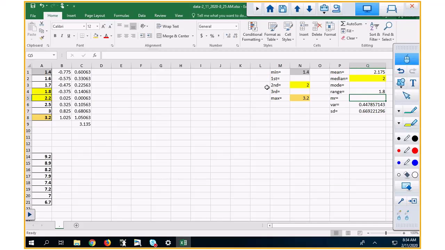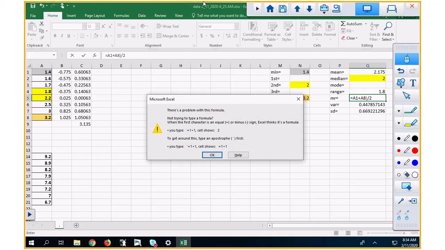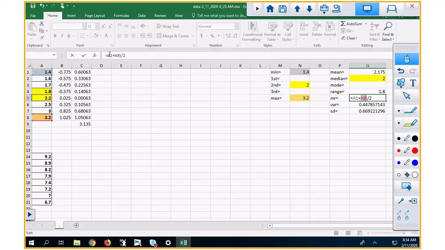And the mid-range is equal to this number plus this number divided by 2. Okay, and I don't have a parenthesis. Y'all check my numbers. I don't see a mode, but there may be one in there.